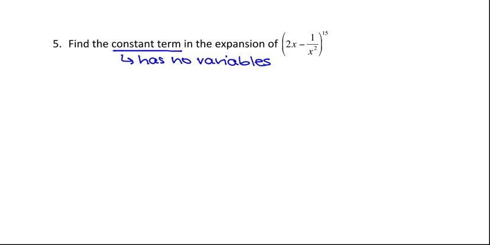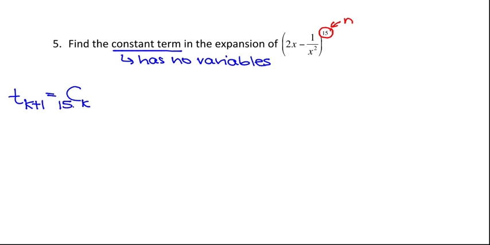So let's play detective again and look at what we know. Basically, all we know right now is that this guy is our n. So let's write out the formula. Tk plus 1 is equal to 15 ck, right?